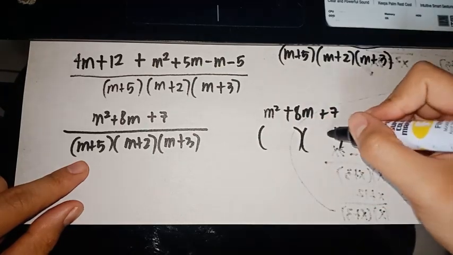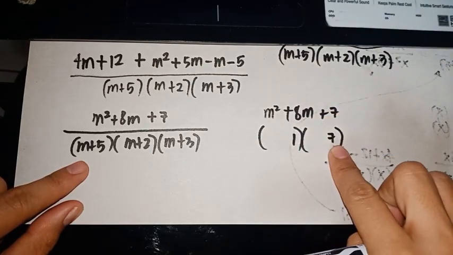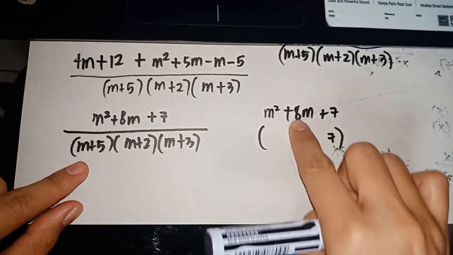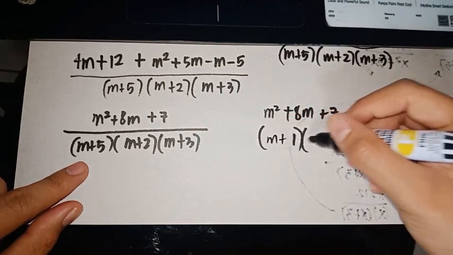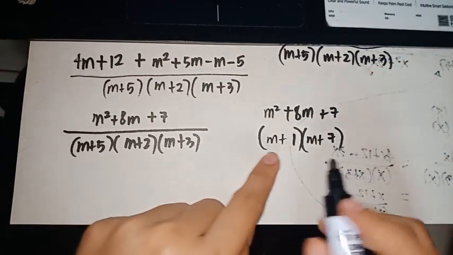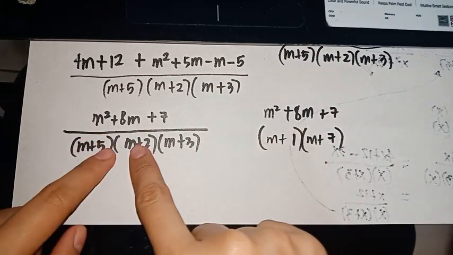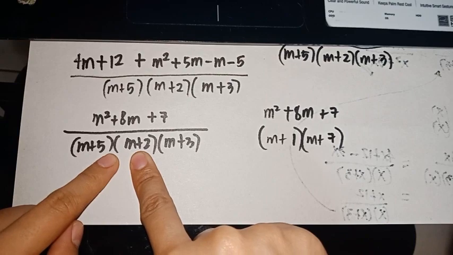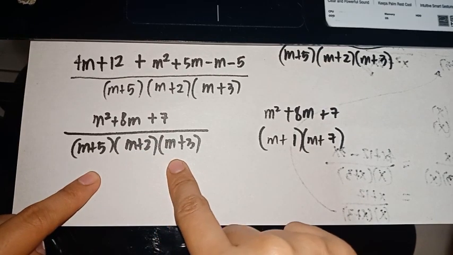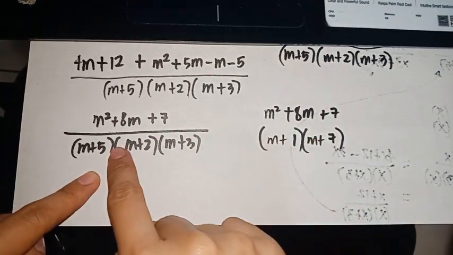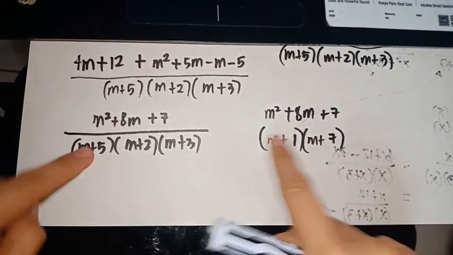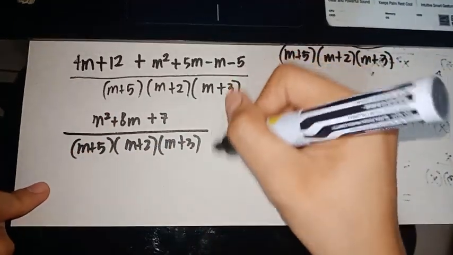Factors of 7, we have 7 times 1. 7 times 1 is 7. 7 plus 1 is 8. So these are the correct factors. Now, are there any common factors with our denominator? None, right? So since there are no common factors between our numerator and denominator, this is our final answer.